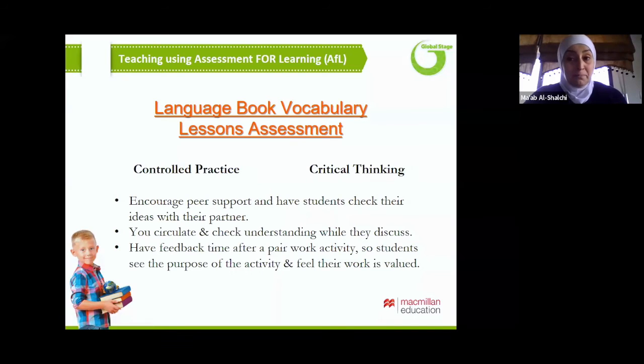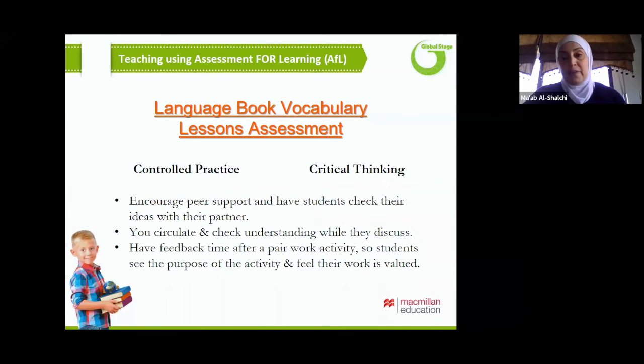It's no problem if they're grade 1, grade 2, but are not yet used to the strategies that you're showing them. And then you circulate and check understanding while they discuss the topic on the table, and you then have feedback time after a pair work activity, so students see the purpose of the activity and feel their work is valued.